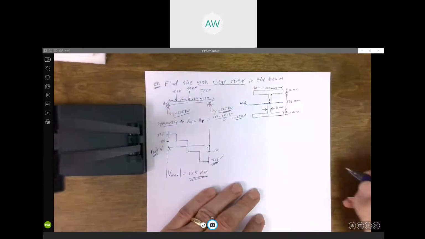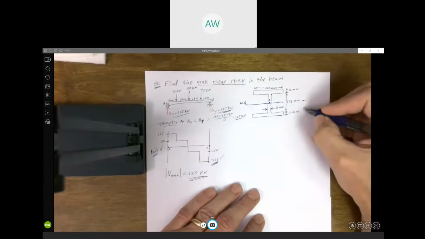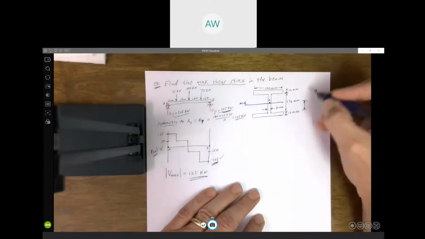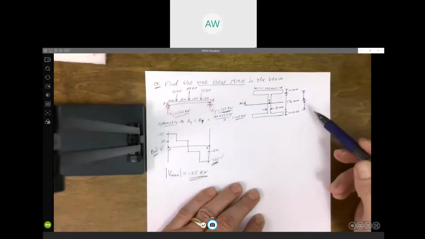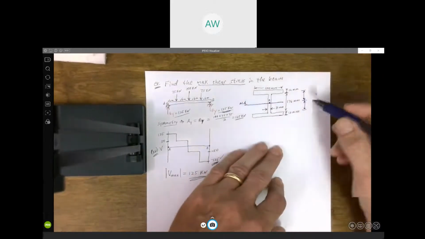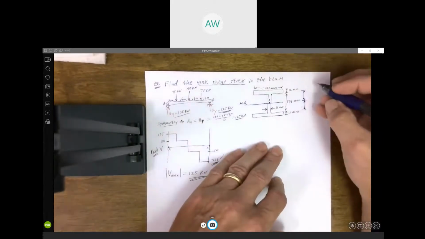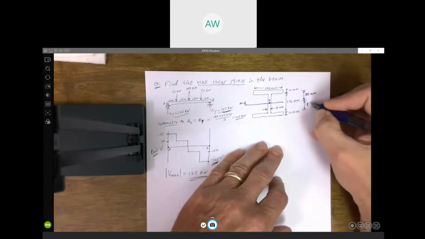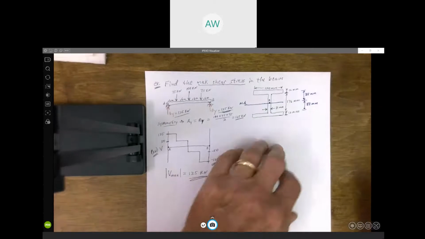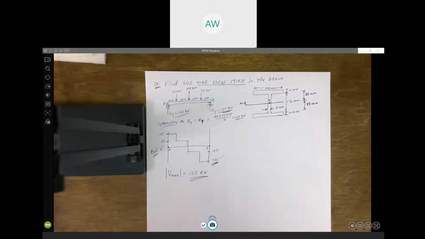It's got to go through the centroid. And again, due to symmetry, it's going to be halfway, right in the middle. So if this is 176, this would be half of 176, which is 88 millimeters. Right, so I know the location of the neutral axis just from symmetry. You don't have to calculate where the centroid is.